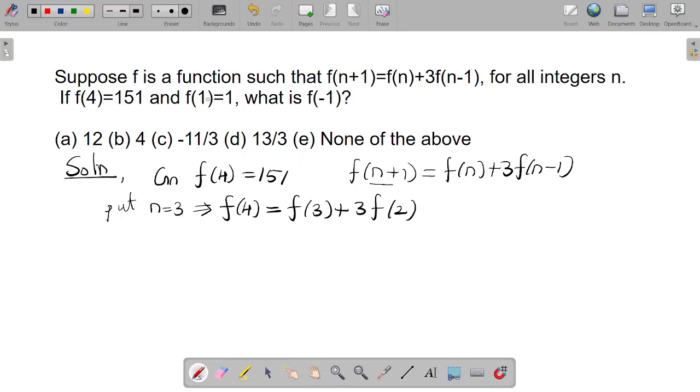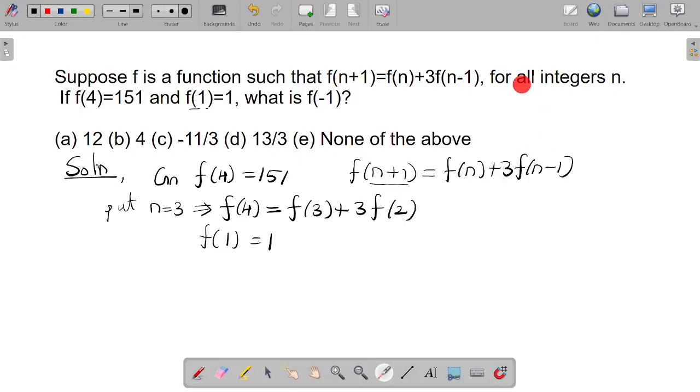the other given data is f(1) = 1. Now also check the given function. How do we get f(1)? Put n = 0.